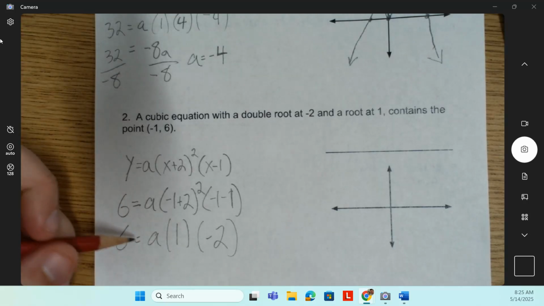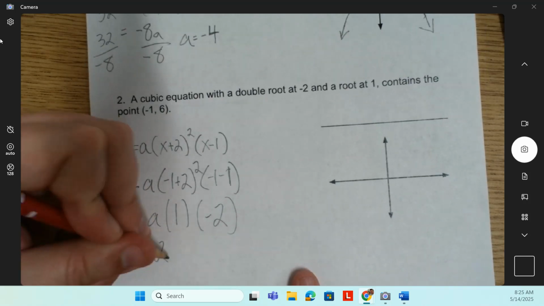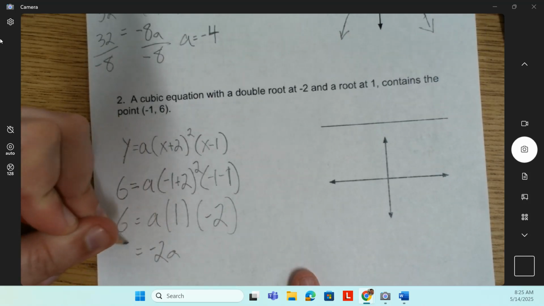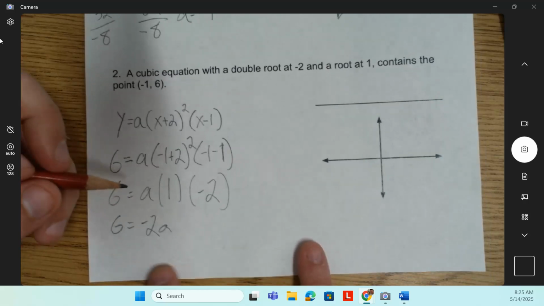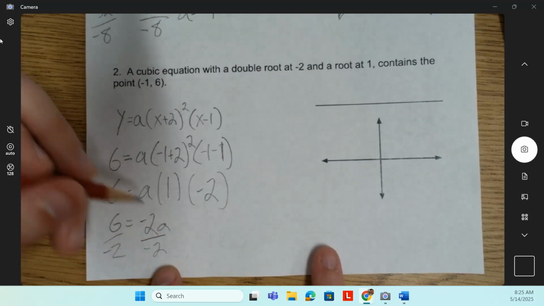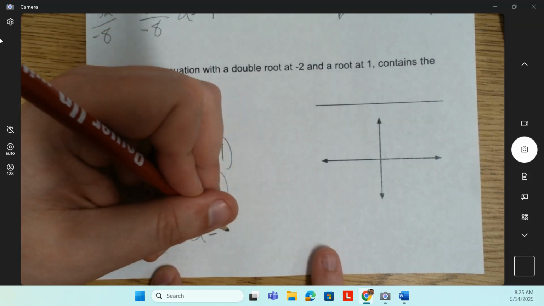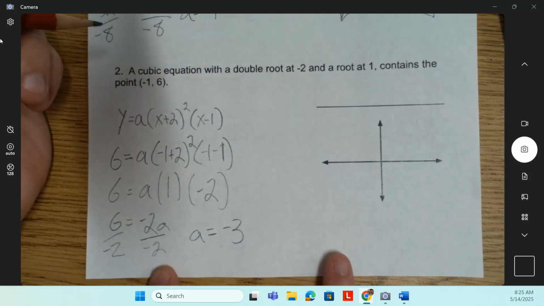So you have 6 equals a times 1 times -2, which would just be -2a equaling 6. And again, we'll just divide by -2 to get a equals -3.